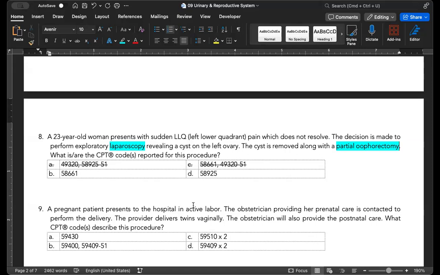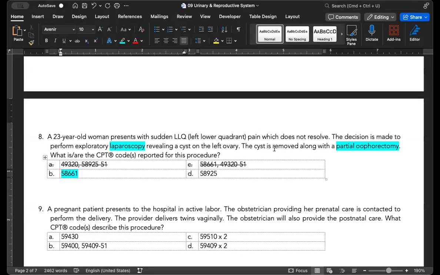So it's not that one. And then 58661, which is a laparoscopy, surgical, with removal of adnexal structures, which include partial or total oophorectomy and/or salpingectomy. So that is going to be our code for the partial oophorectomy.